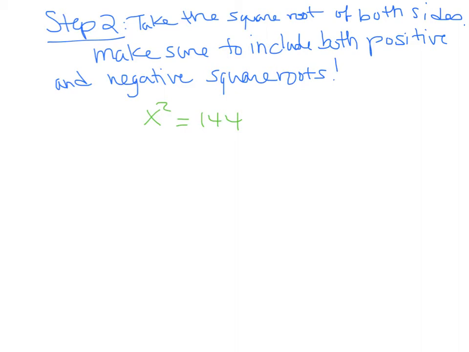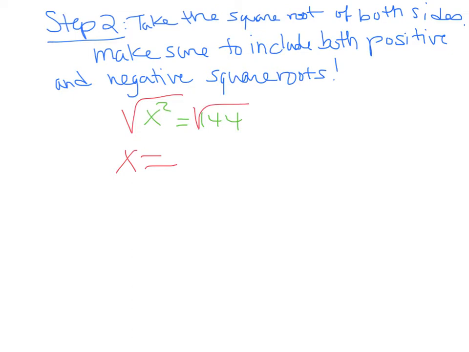So we are going to take our equation, x squared equals 144. We're going to take the square root of the left-hand side. When you take the square root of x squared, you get plain old x. That's our goal, is to solve for x. But since we did that on one side of the equal sign, we have to do it on the other, and we get the square root of 144.